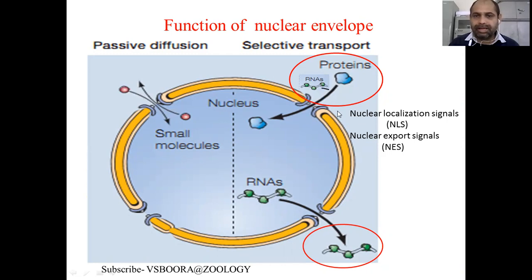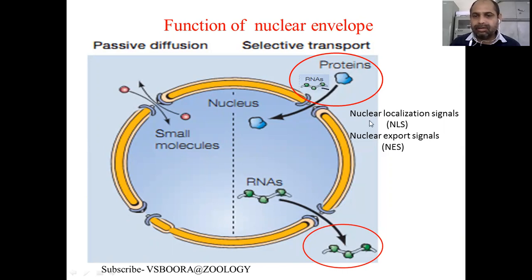These molecules have specific signal sequences which are recognized by the proteins responsible for import and export. The importins are responsible for the import of these molecules, and the exportins are responsible for the export of the RNA molecules.